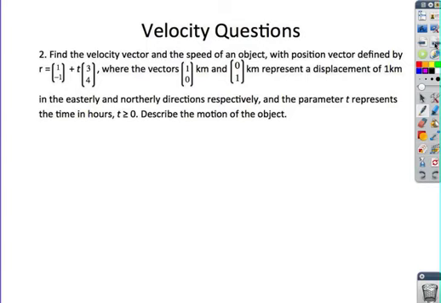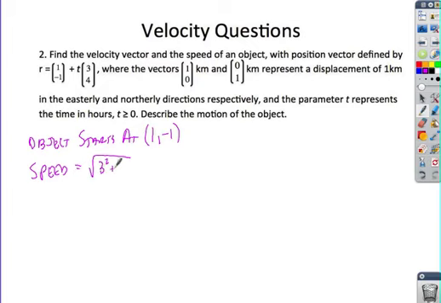So we know that the object starts at the point (1, -1). We know that its speed is equal to the root of 3 squared plus 4 squared, which we should know is 5, and that is in kilometers per hour, the units in the question.